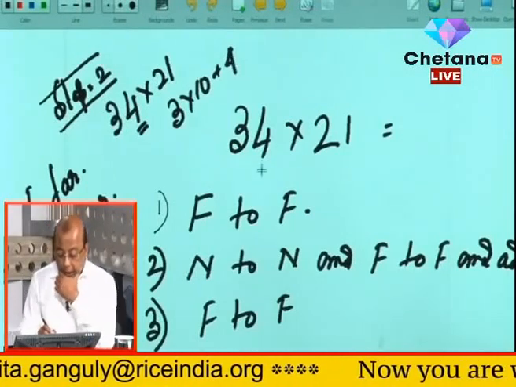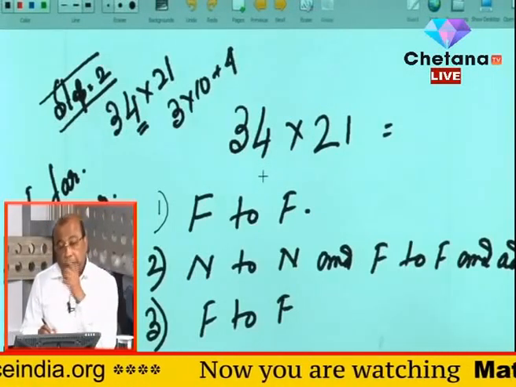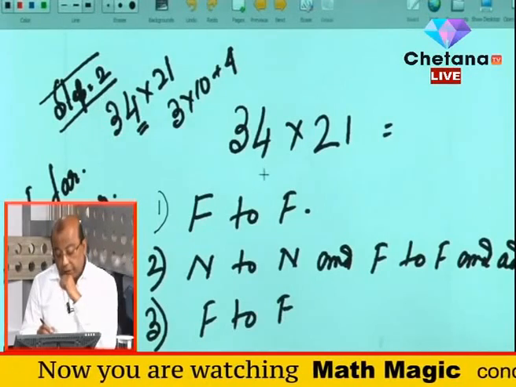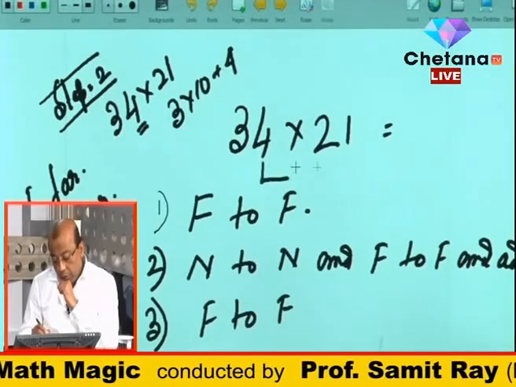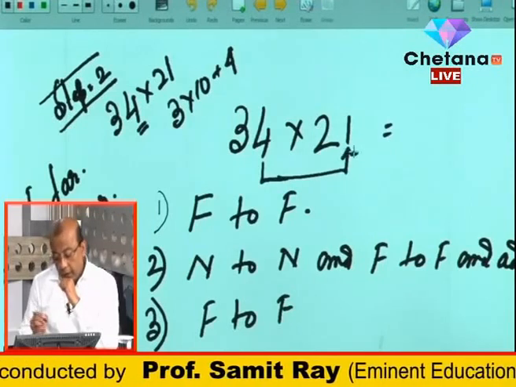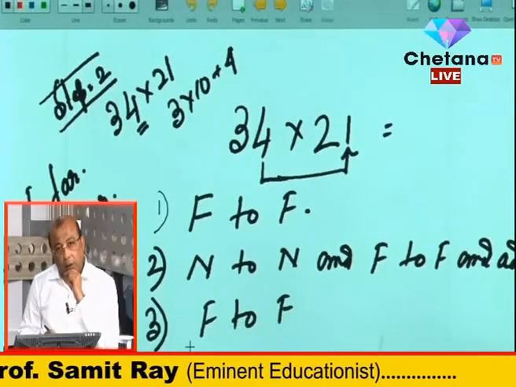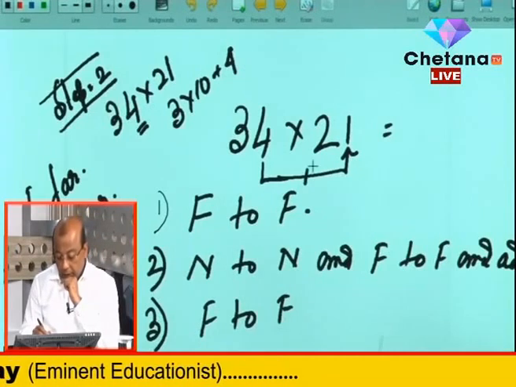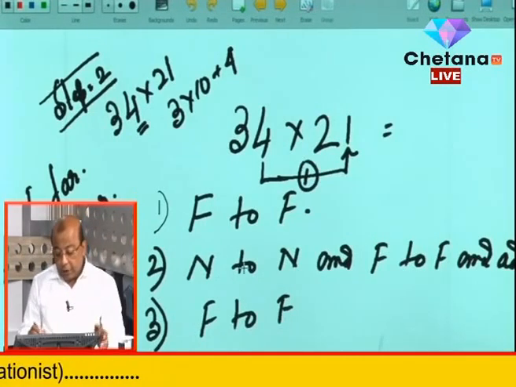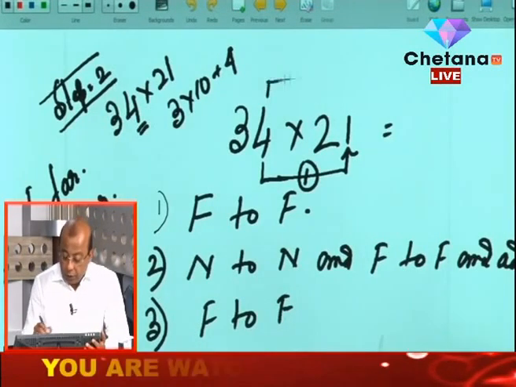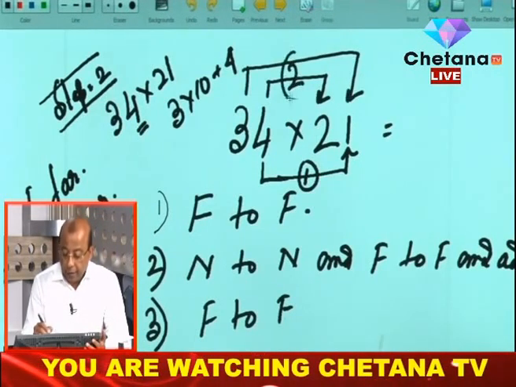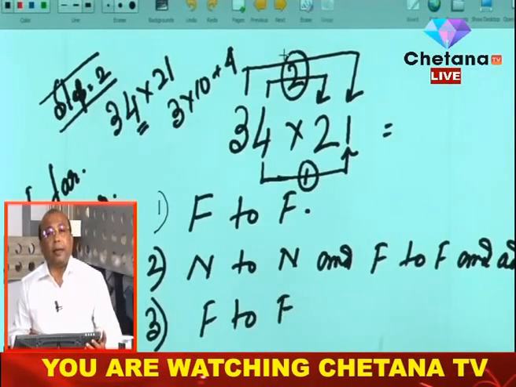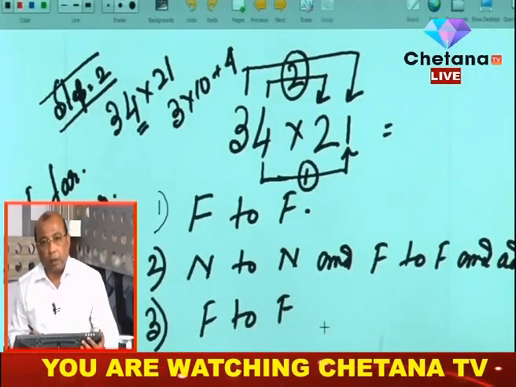So, 4 will be the unit place, the first starting point. Considering the 4, which number will be far to far? That is 1. Number 2, near to near and far to far and add. That will be the second step.